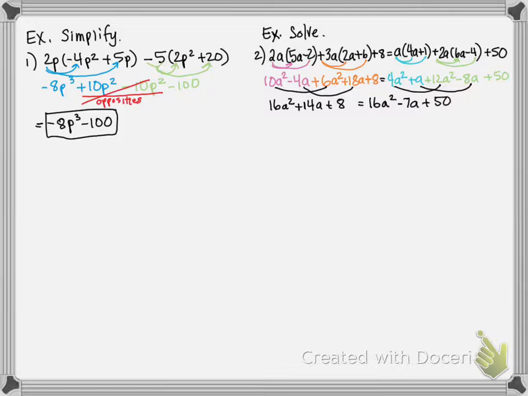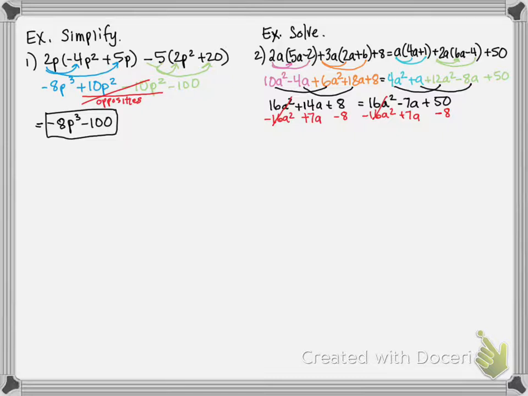So we want to get all the variables on the left, and we want to get all the constants on the right. So we're going to subtract 16a squared. Blissfully, they cancel each other out. Then I'm going to add 7a to both sides to get the a's together on the left, and I'm going to subtract 8 from both sides to get the constants on the right.